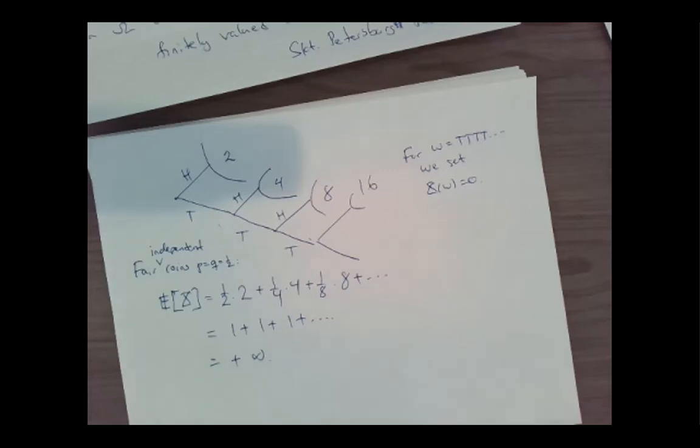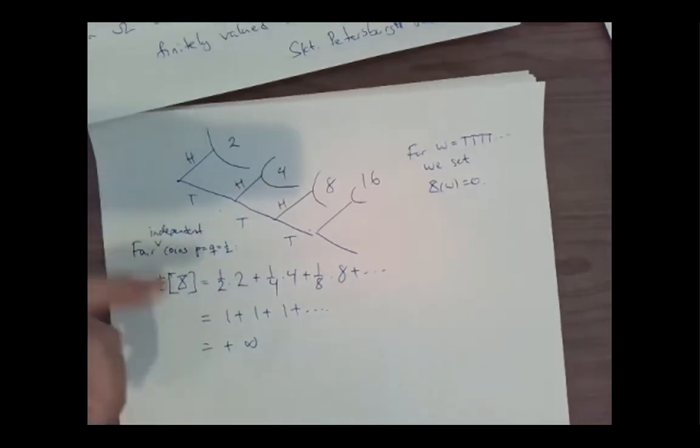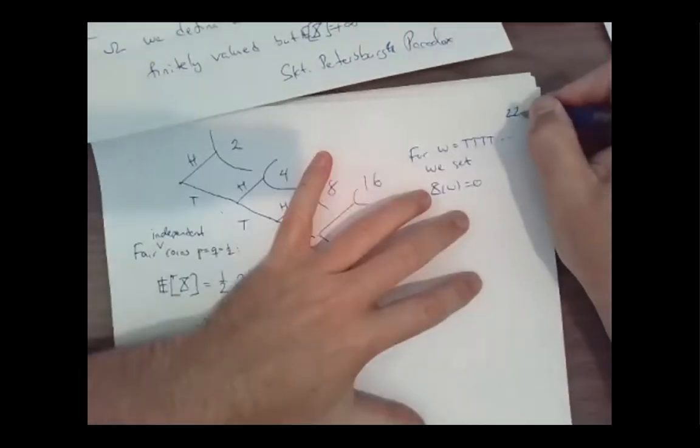So it's an example of a model that has a random variable, and the random variable is finite, but the expectation is plus infinity.